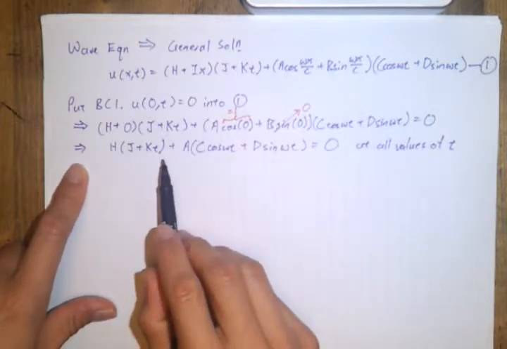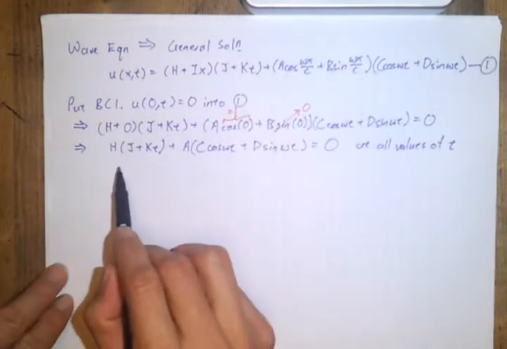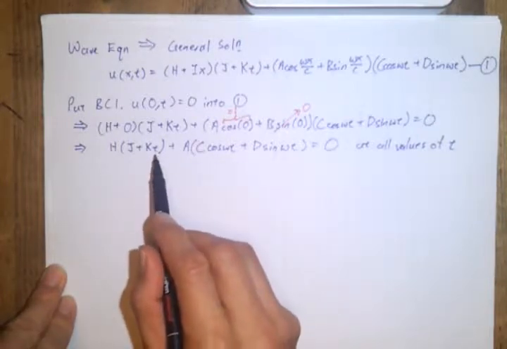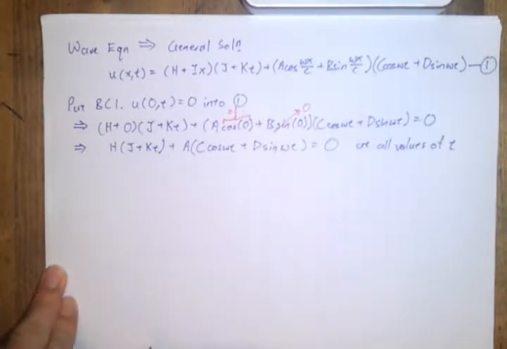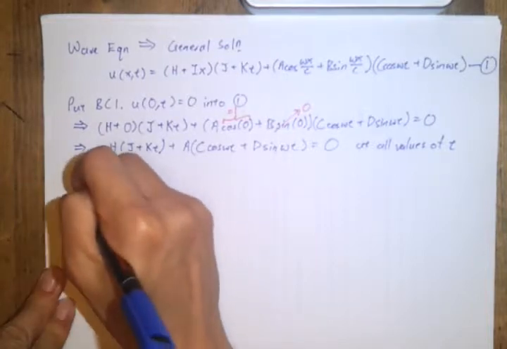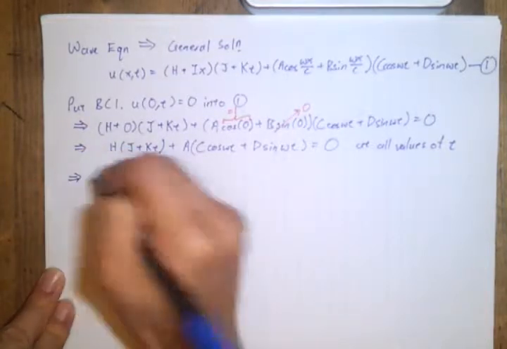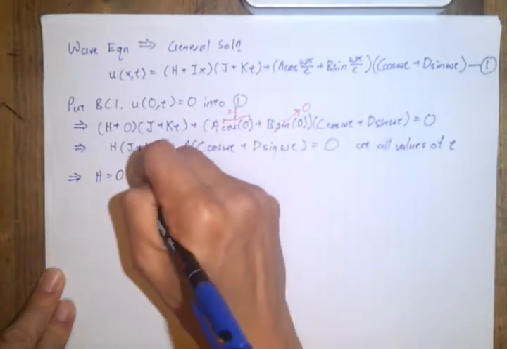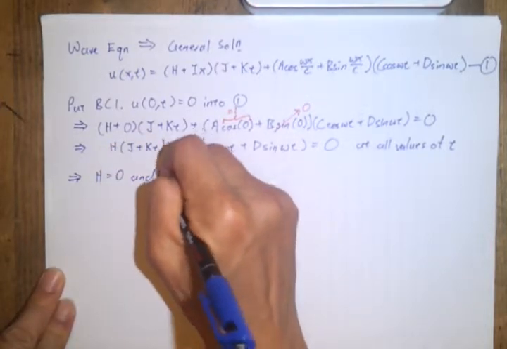The t here can be changing. So how do you ensure that the left hand side is always equal to 0 regardless of the value of t? Of course, one way is to have h equal to 0 and a equal to 0.